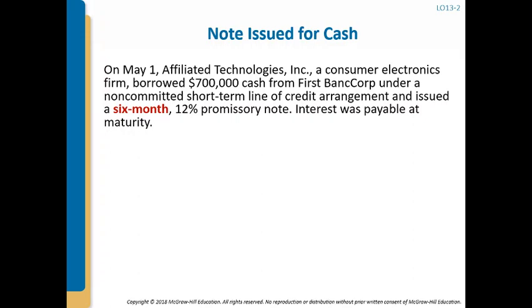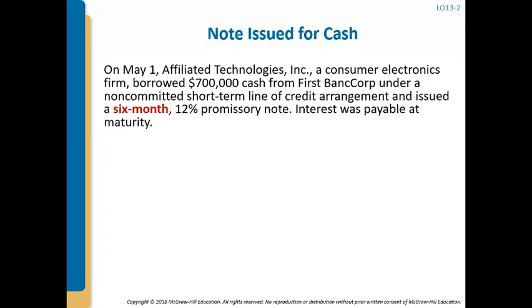So here's an example. On May 1, Affiliated Technologies, Inc., a consumer electronics firm, borrowed $700,000 cash from First Bancorp under a non-committed short-term line of credit arrangement and issued a 6-month 12% promissory note.